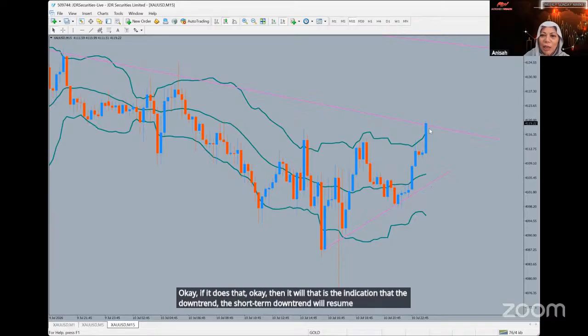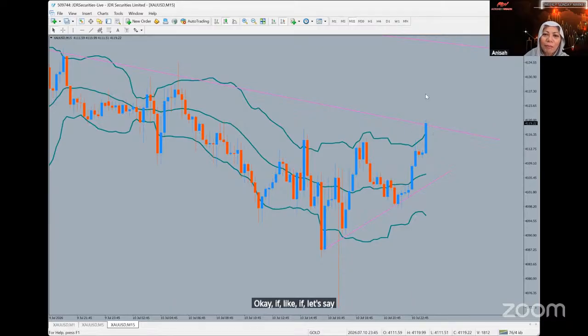If, let's say, this breaks out, then buyers will try to make an attempt to make a new high for the bigger time frame. So in this case, look for the target price.